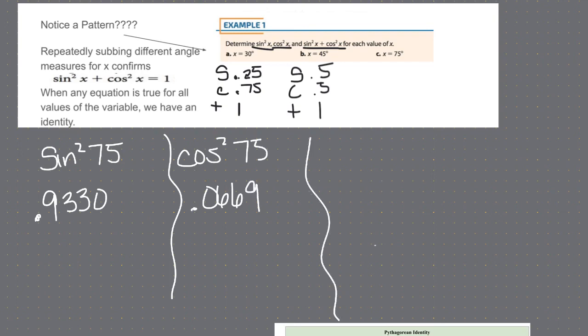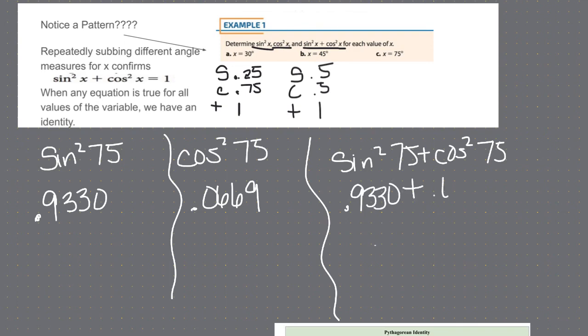Now, if we add them together, we get sine squared 75 plus cosine squared 75 equals 0.9330 plus 0.0669. Does anybody else notice that that becomes 0.9999?